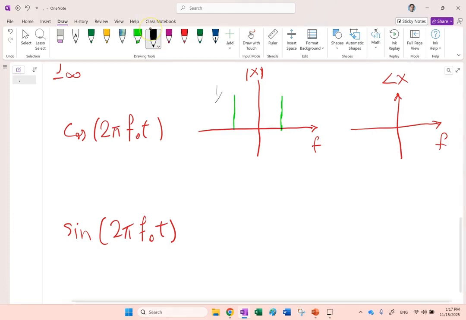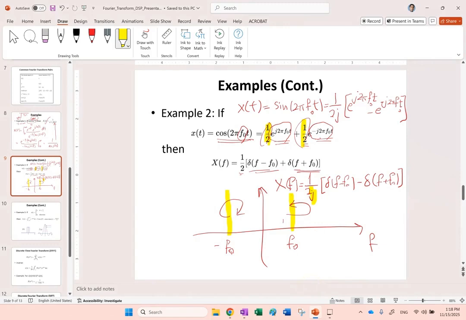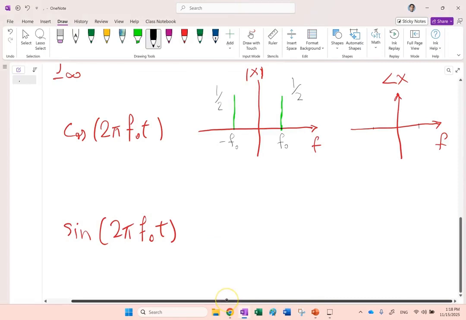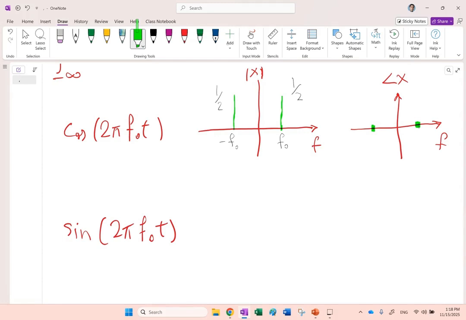The height of them are 1/2, and they are at negative f naught and positive f naught. And at both of these and everywhere else, because there is no j in it or anything, they are real with magnitude 1/2. Therefore, the phase here is 0 and the phase here is 0. Okay, so this is for cosine.